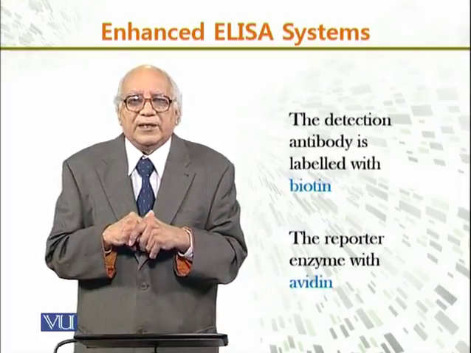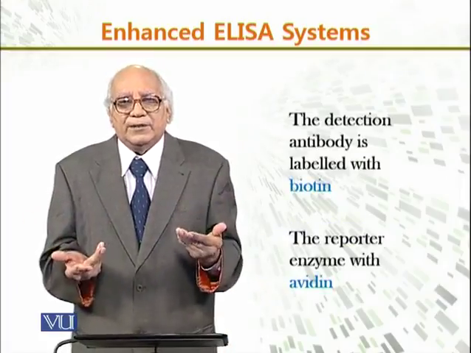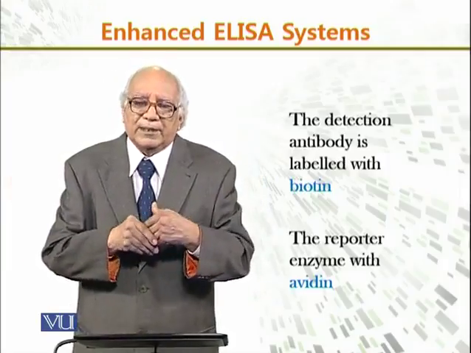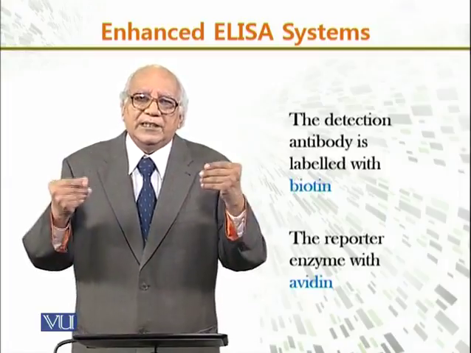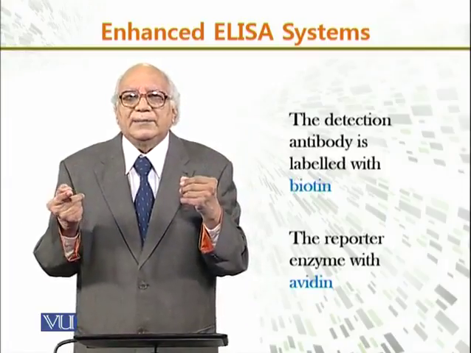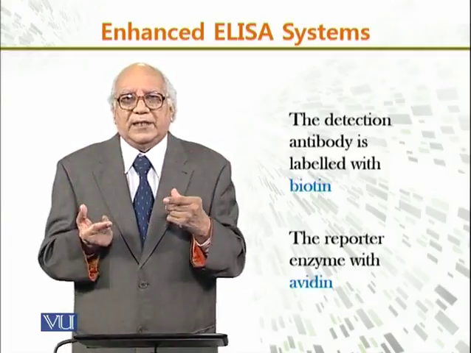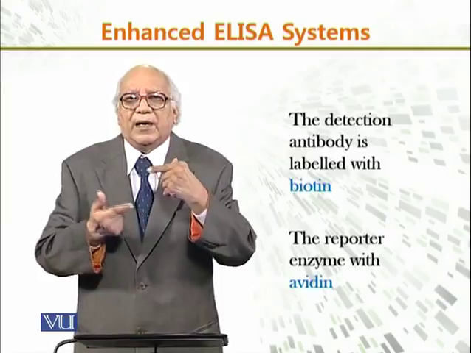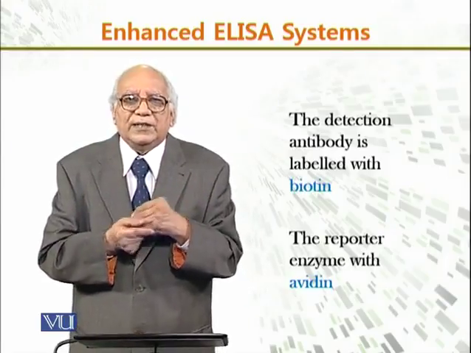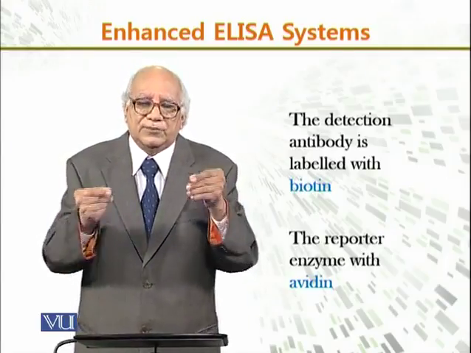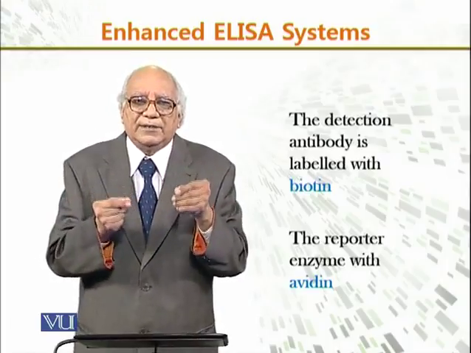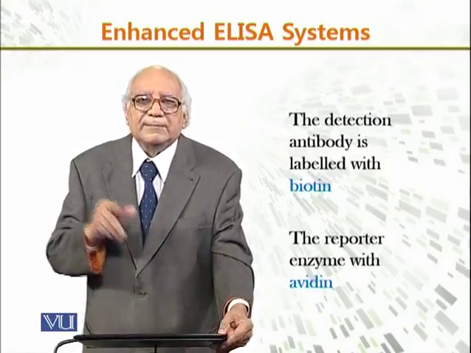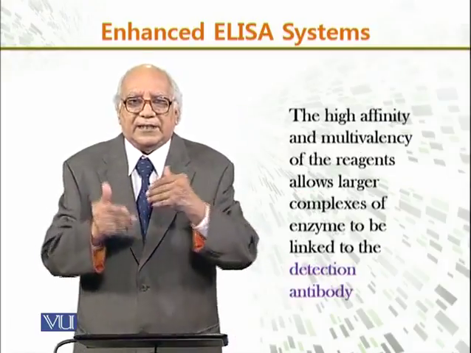The detection antibody is then labeled with biotin and the reporter enzyme with avidin. Remember, we have discussed that we need two antibodies and a reporter enzyme which are attached and which become the marker. So we can use the avidin-biotin system for increasing the reaction.